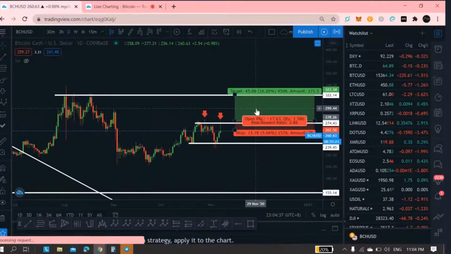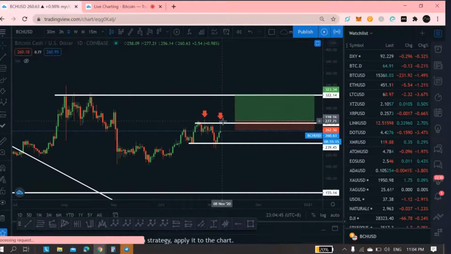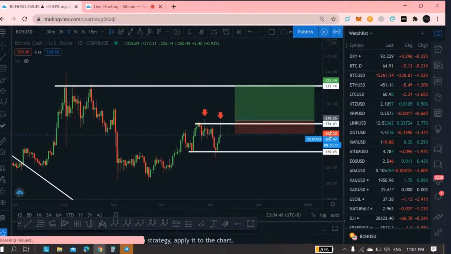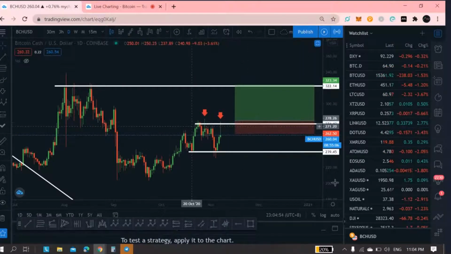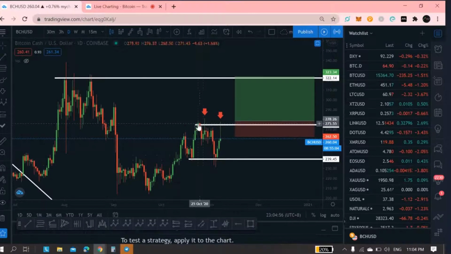So that's a possible risk reward ratio of 2.86. So for me, it's better to wait at breakout at this area, the 274, or I mean the 275 area. Is that 275? Yeah, 274 something. So yeah, I think that's it.